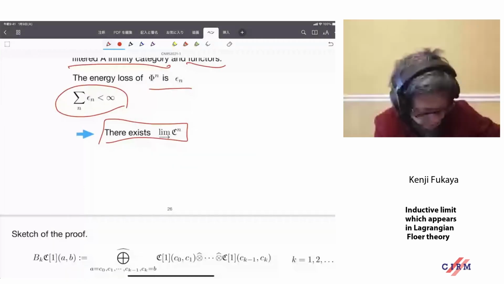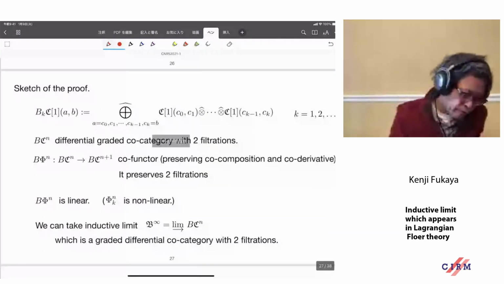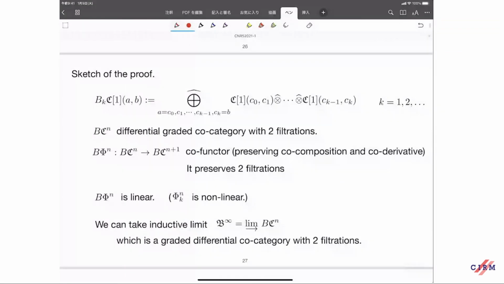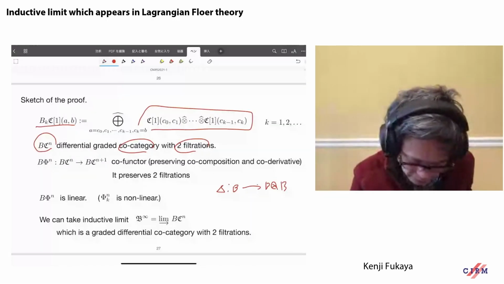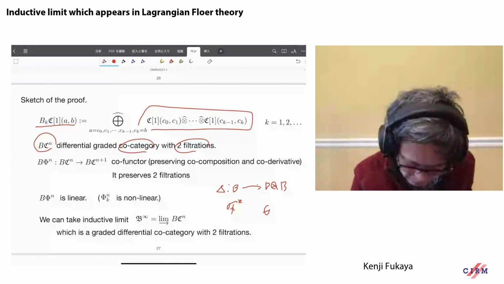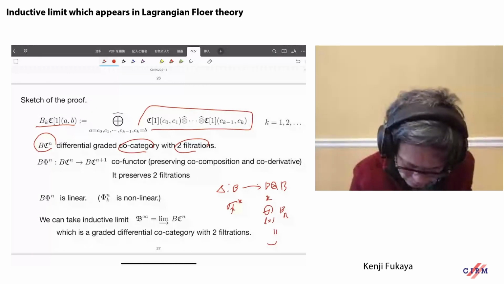So I want to explain how to prove this theorem. We have the bar complex like this. You have these k tensors, and then this bar complex gives something like a differential graded co-category with two filtrations. Co-category means that you have this co-product, and the two filtrations mean that one is the energy, and the other is the k of this Bk, which is a kind of number of filtrations.